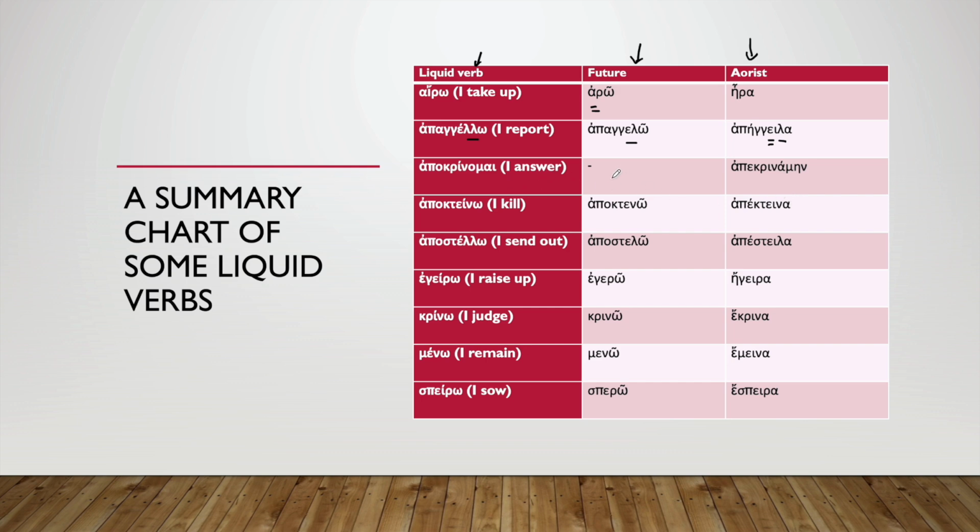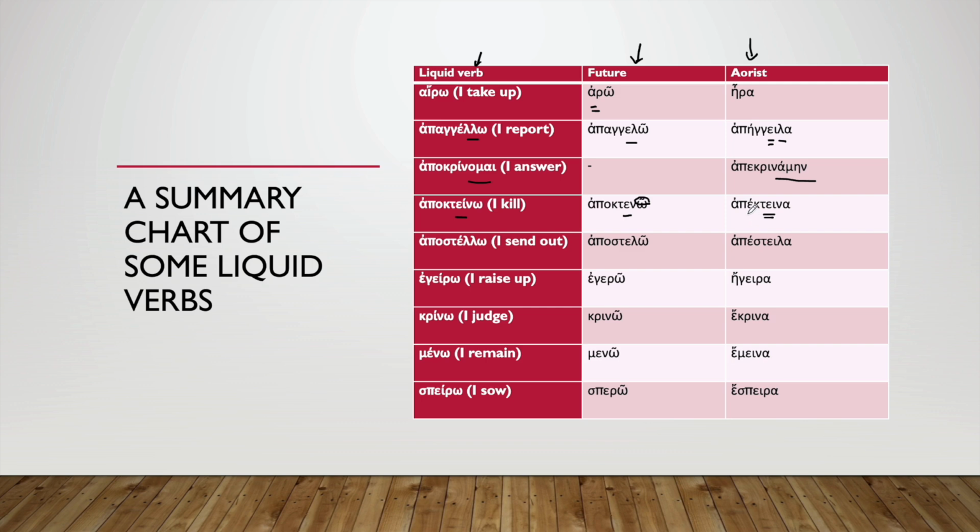ἀποκρίνομαι, there's no future form. And again, it is a middle-only verb, so no sigma and no changes to the stem, so that's pretty good. ἀποκτείνω, this is I kill. In the future form, the dropping of the iota, and again, the typical circumflex accent over the omega.